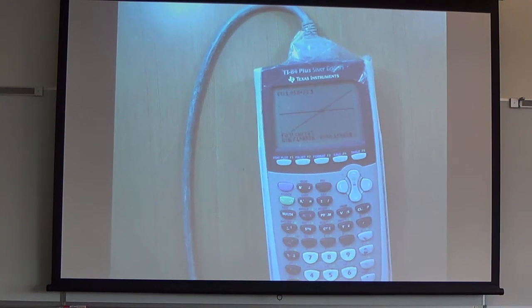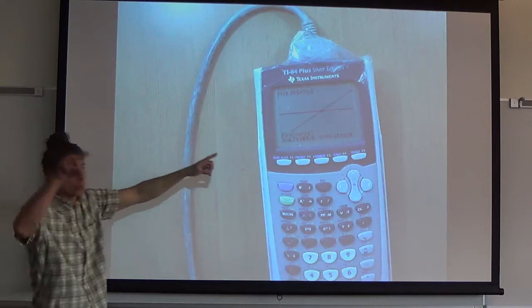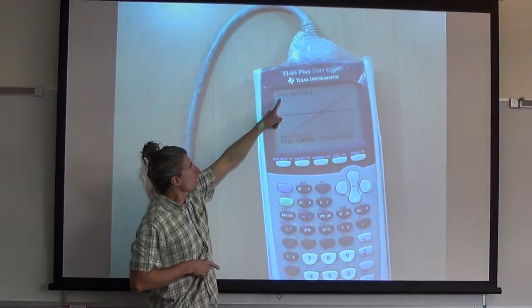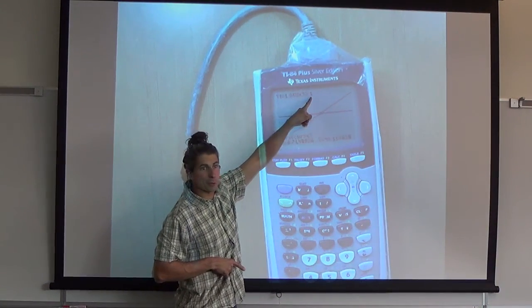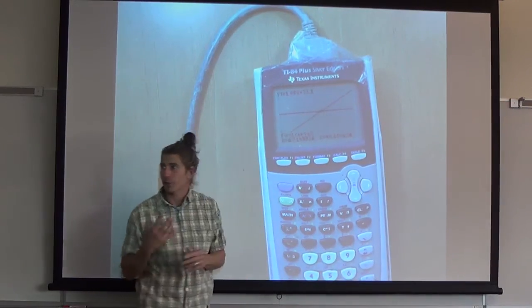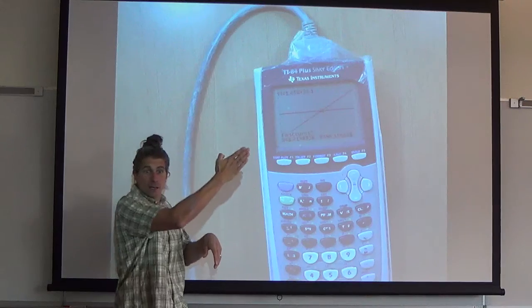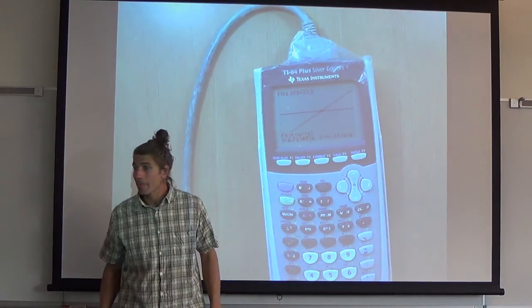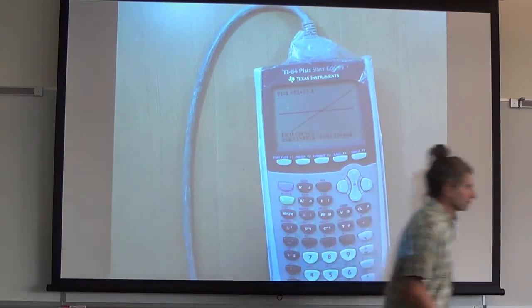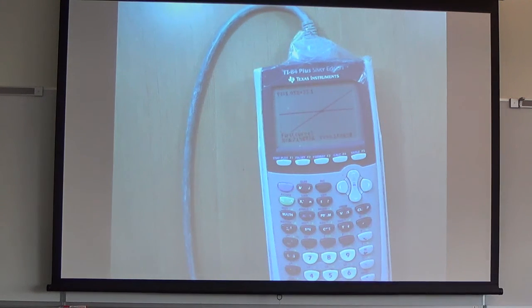So you see what it's asking you? It says, hey, you, should I use 1.05x plus 33.1 as the first curve that's being intersected? And you want to tell it, yeah, that's the diagonal, right? How do you tell your TI yes? You press your enter button one time. And then it goes, oh, thank you.